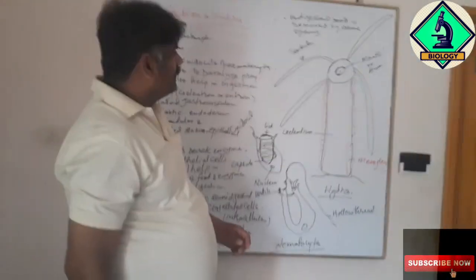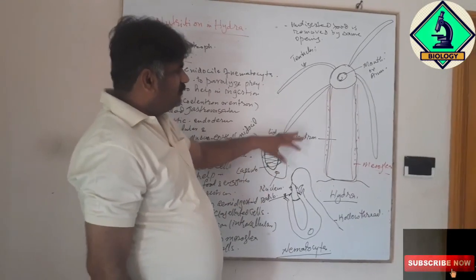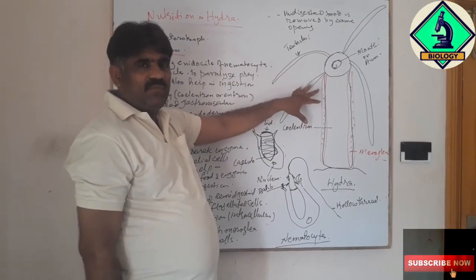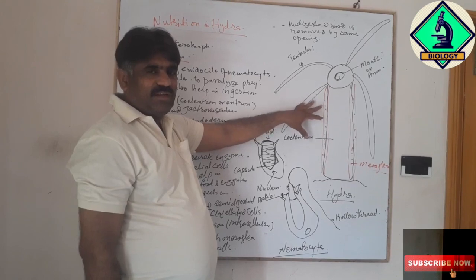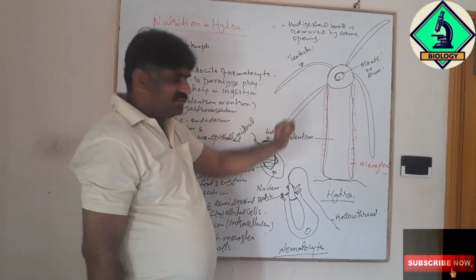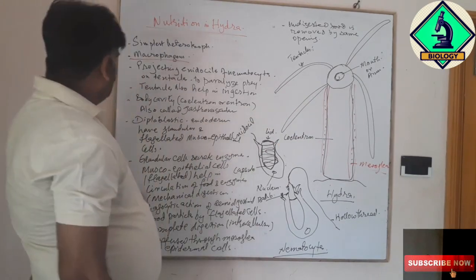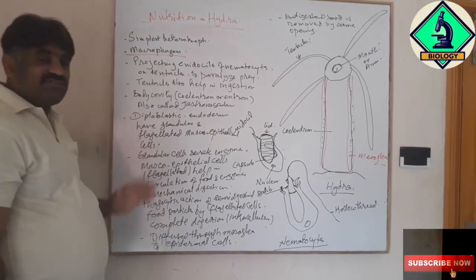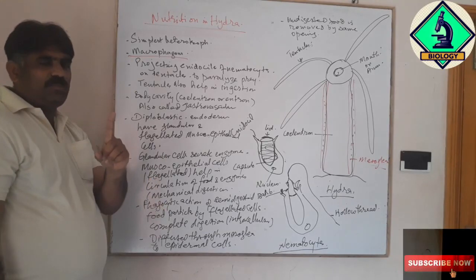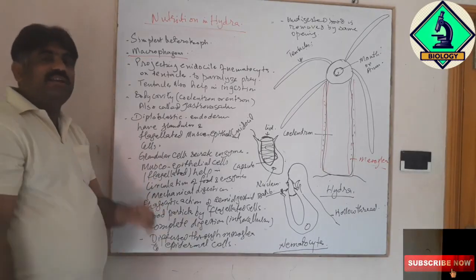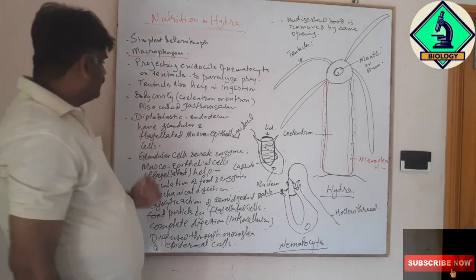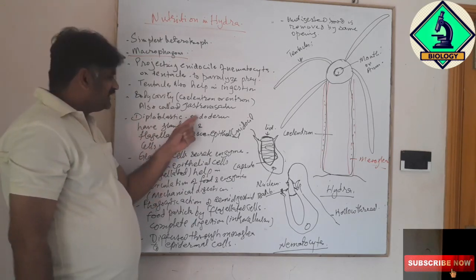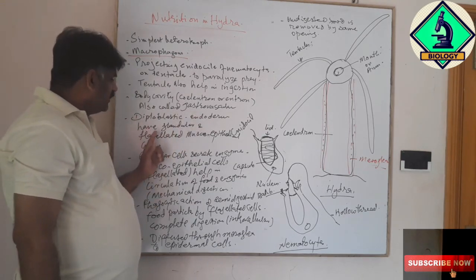Now you see what the mechanism of feeding and digestion is in the Hydra. The body cavity we discussed is called enteron, or coelenteron, because it has only one opening serving both for ingestion and egestion. Diploblastic organization means they have endoderm.